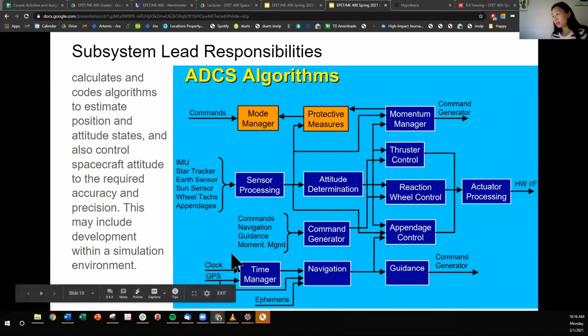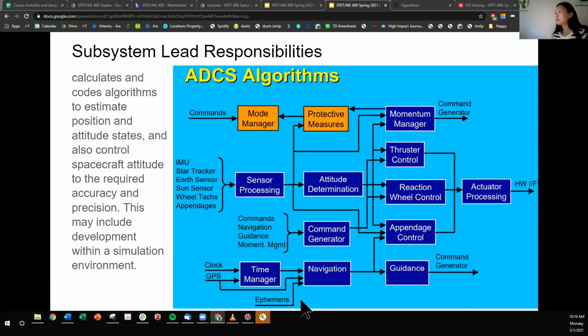For attitude, determination, and control, navigation in particular, it's very important to get time. And then you can also get a GPS position measurement for your navigation algorithm. GPS also gives time. Your navigation algorithm needs ephemeris, which are pretty much the positions of different celestial bodies. It's like the position of the solar system at different snapshots of time.